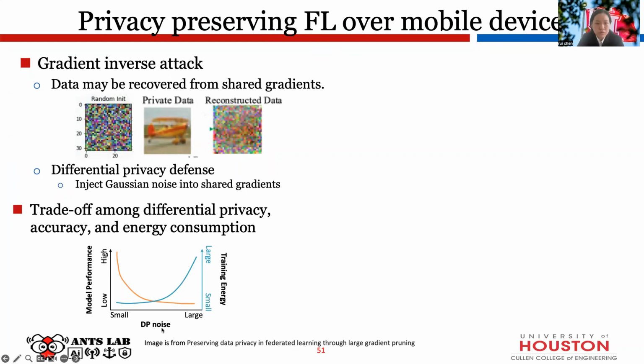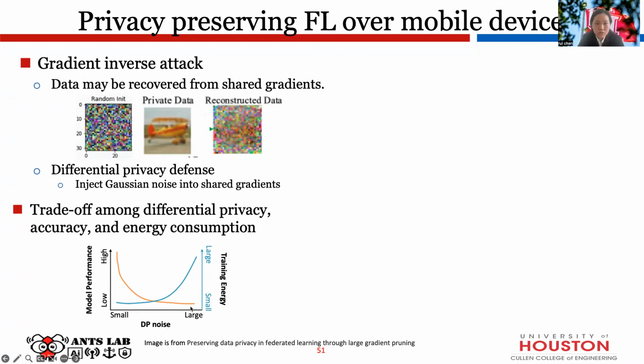When we use small DP noise, we allow the model to train in a very quick way and have a very high model performance. However, if we want to enforce a strong privacy guarantee, we have to inject a large amount of DP noise.